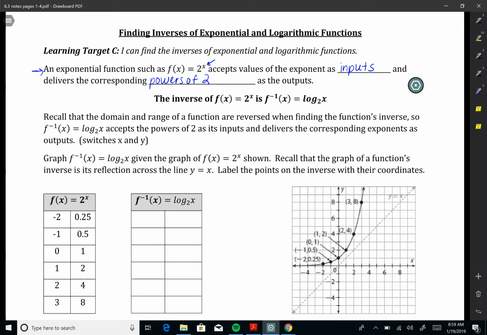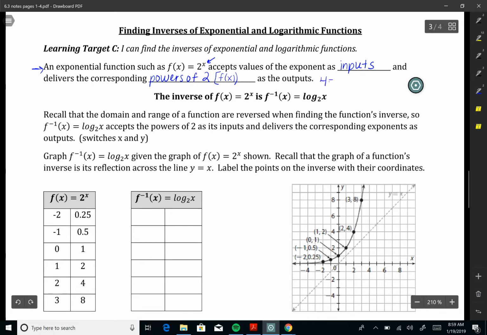So the powers of 2 are what are going to be where f of x is. Just as one example, we could say 4 equals 2 to the second, where 2 is your input and 4 is your output.